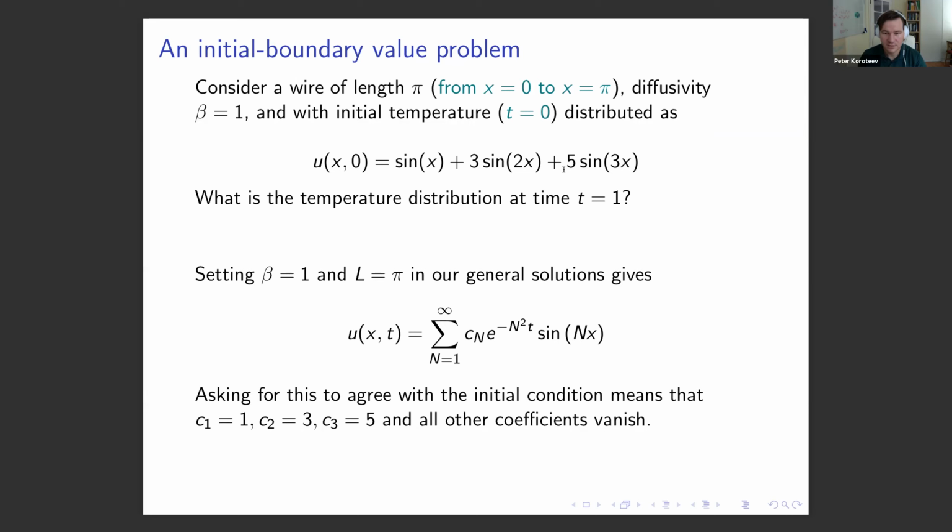At this moment, you can probably ask me, why did I choose such a specific right-hand side? Well, for now it's for simplicity, but when we talk about Fourier transform and Fourier series, you'll see that essentially any function can be written as a possibly infinite sum of sines or cosines, depending on the symmetry of the problem.